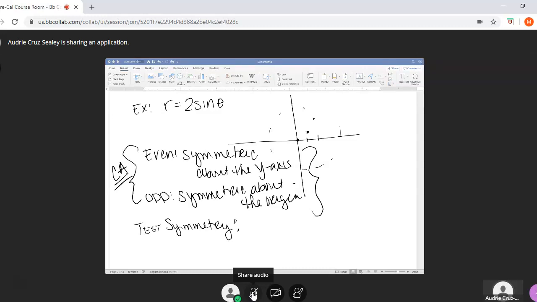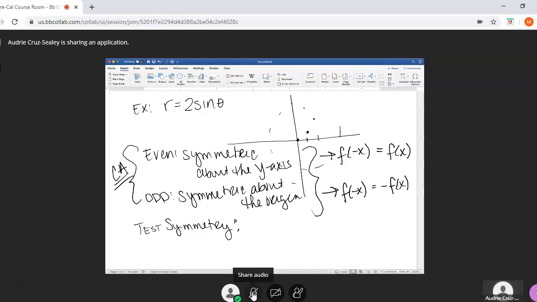It's even if you substituted negative x in and it came back out exactly the same. It was odd if you substituted negative x in and you would get negative f of x. Everything would change signs. So this was the rule for testing symmetry when we were testing on a rectangular plane. This is stuff that you learned in college algebra, and we did it in this class too, in the beginning of this class.